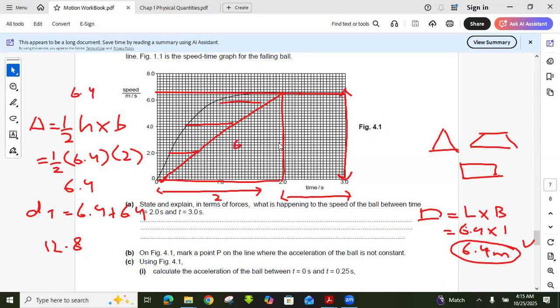Our distance here is 6.4, and this is 6.4, so the total here is 12.8. But we have more space over there, so let's add, for example, plus 5. So it will be something like 17.8. This can be our estimated value.